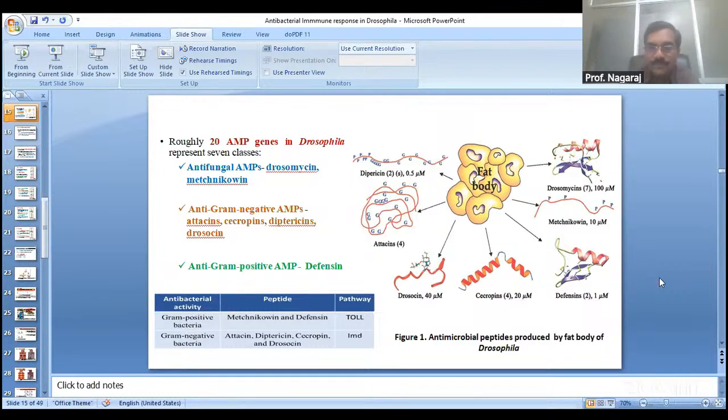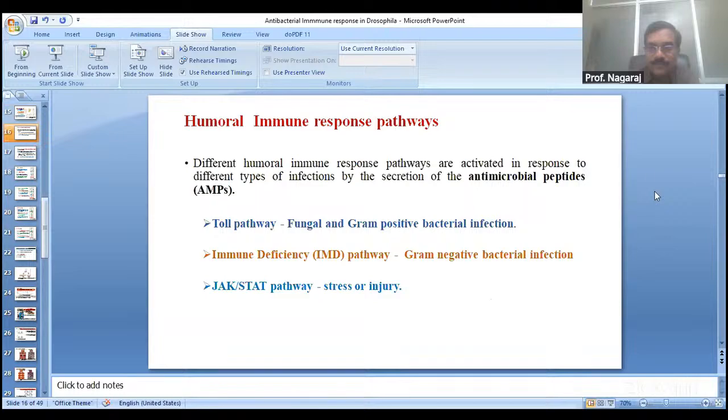Right. So, as I told you, this immune response by the fly is activated by different mechanisms. Mainly, there are 2 different signaling pathways: the Toll pathway and the immune deficiency pathway. The Toll pathway is activated by gram-positive bacteria, whereas the IMD pathway is activated by gram-negative bacteria.